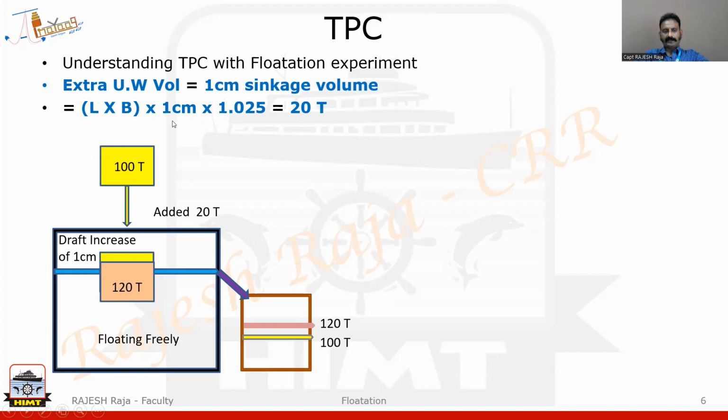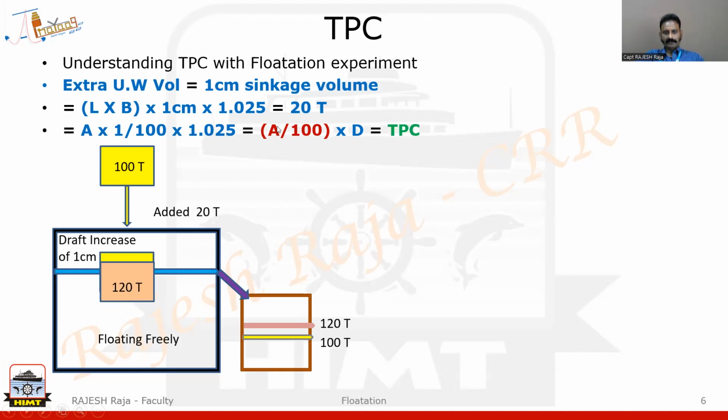I can write it in a slightly different way. Your L into B at that particular draft is also called the water plane area at that draft. And I've converted 1 centimeter into meter, that is 1/100. And remaining everything is the same. So you see here, I have a small constant. The constant means at that particular draft, water plane area is not going to change.